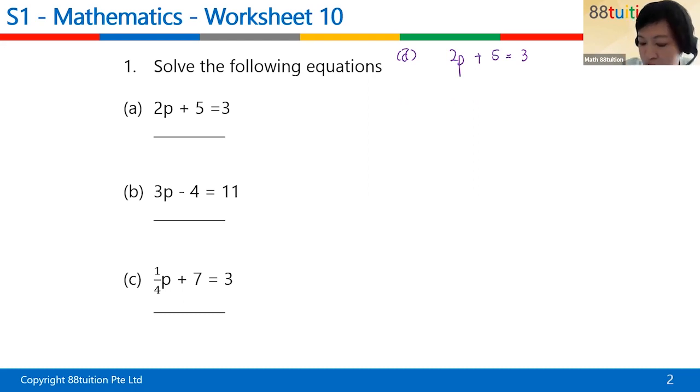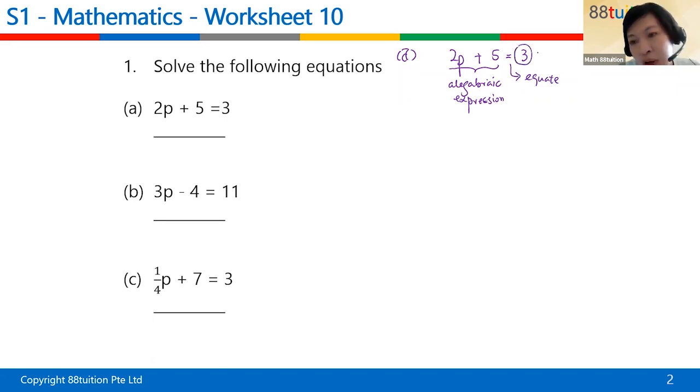In mathematical terms, the expression 2p plus 5 we call an algebraic expression. I believe in P5 and P6 you have been learning that. When you have this algebraic expression, you must equate it to the value.